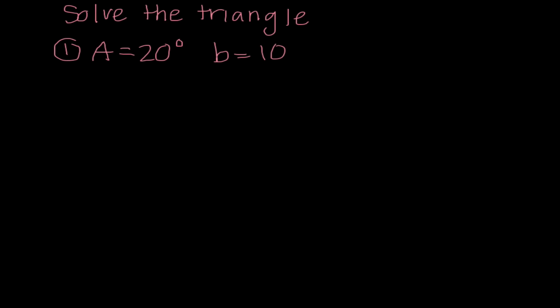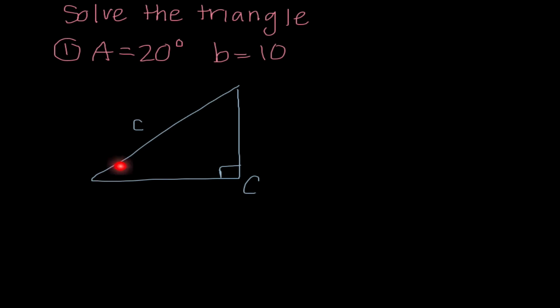So the directions are going to state solve the triangle, and it's going to give us information. In this case, it gives us an angle and a side. So whenever I see this, the first thing I'm going to do is draw out a triangle. I know that this is angle C and our hypotenuse is side C, but the other angles, it really doesn't matter where I put them.